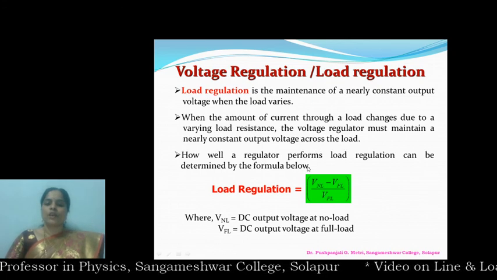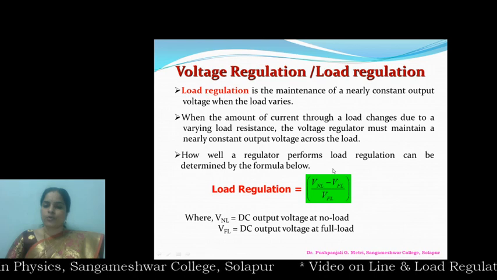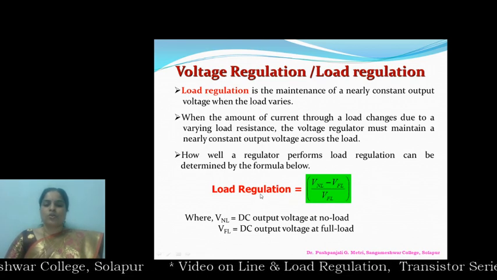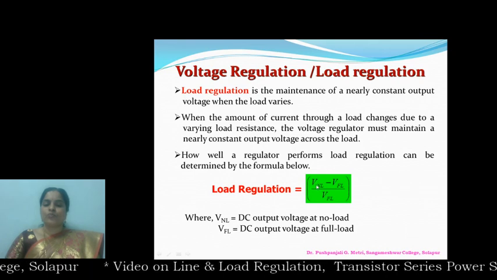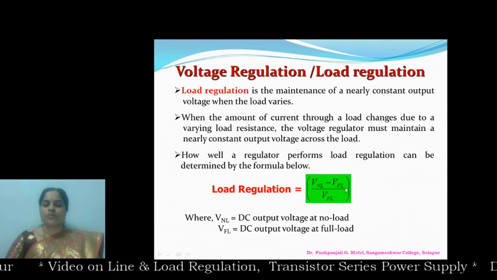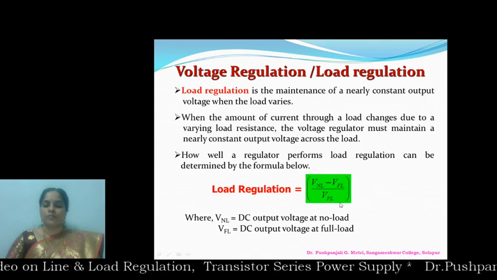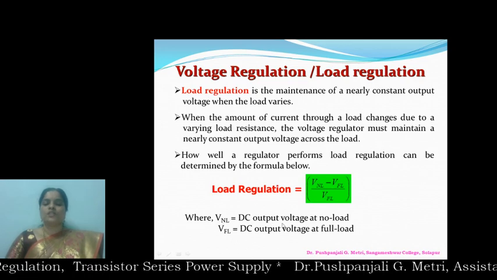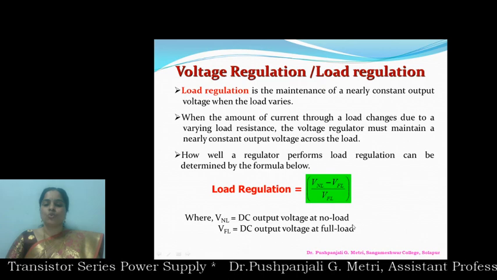How well a regulator performs load regulation can be determined by the formula. The load regulation is equal to V NL minus V FL divided by V FL. V NL means DC output voltage at no load.